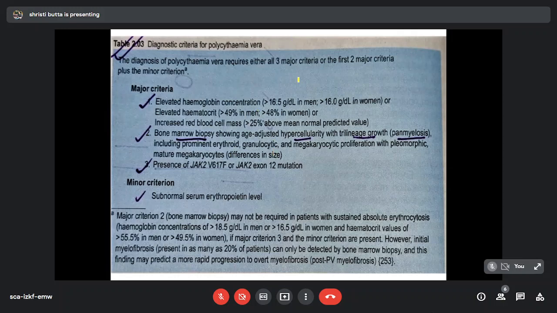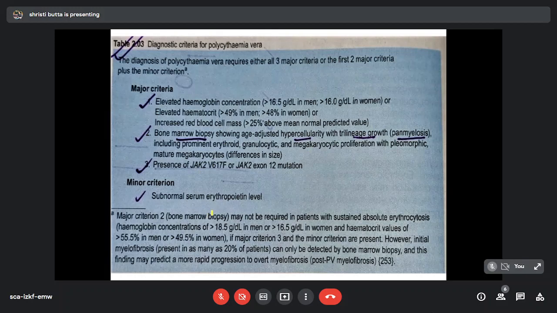So you must always know that there is an increase in the RBC, whether it is hemoglobin, hematocrit, or red cell mass. Bone marrow biopsy is showing a panmyelosis with hypercellularity, and there is a presence of JAK2 V617F mutation.